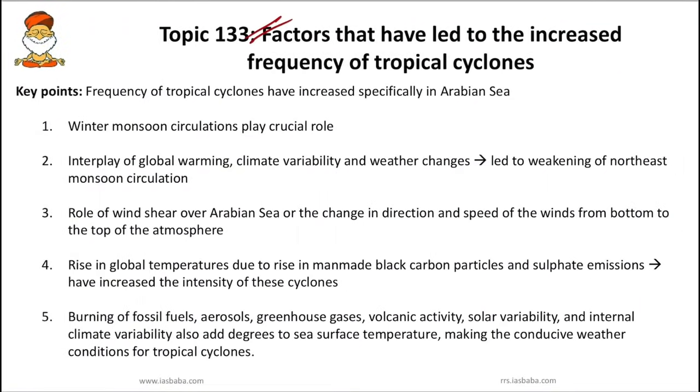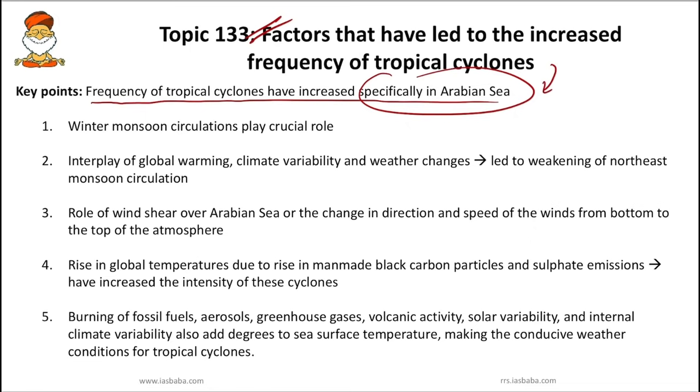So let's move on to the next important topic, that is, what are the factors that have led to the increased frequency of tropical cyclones. There were some current affairs articles which discussed the frequency of tropical cyclones having increased, especially in the Arabian Sea. So we'll see the major factors that have led to the increase in the frequency of tropical cyclones, especially over the Arabian Sea as well as the Bay of Bengal.